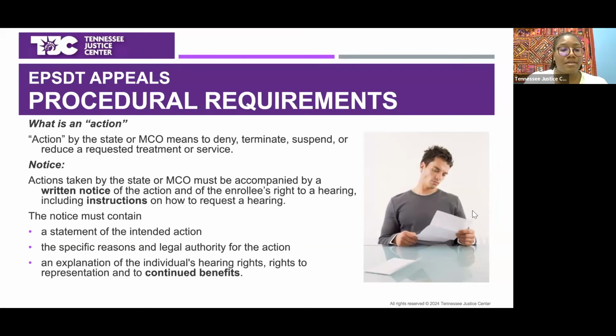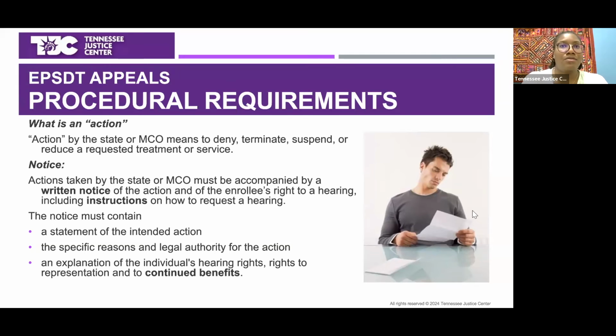This is really important because oftentimes when an action's been taken and care has been denied or suspended, the notice is all a family has to understand why that's happened and what to do next. So the notice having all this required information is essential to be informed as to what next steps to take. Very important to note the continued benefits language.